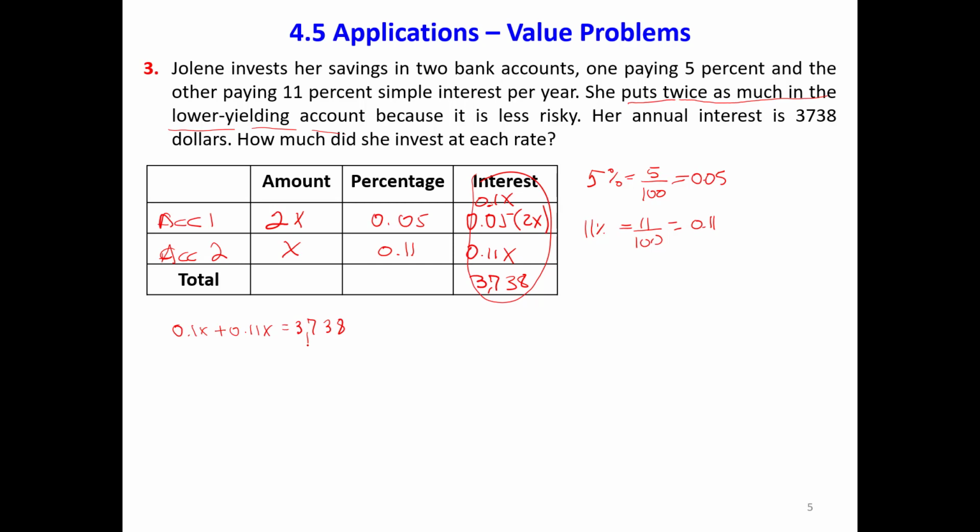Then now we can solve for x. First we combine the like terms. We add this, we had 0.21x equals 3,738. Now we will solve for x. We divide by 0.21, and x equals 17,800.